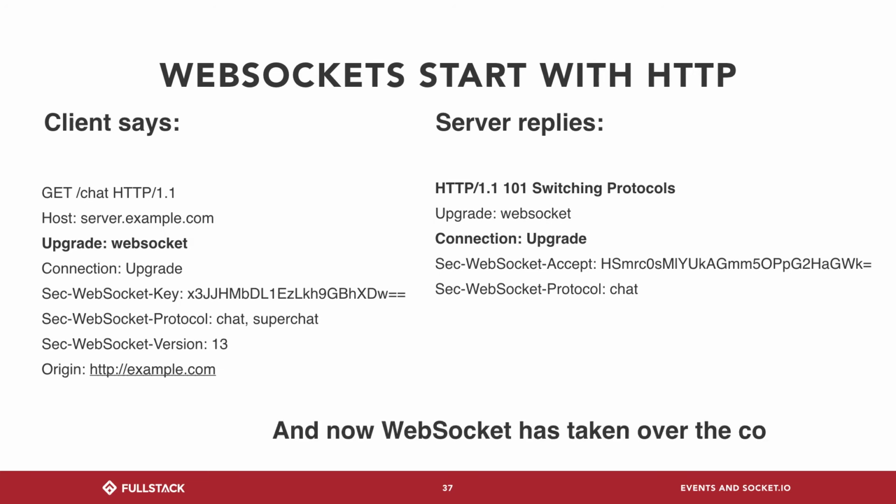Thereafter, that TCP connection belongs to the WebSocket protocol, which is a simple framing protocol that basically gives you, from client-side JavaScript, pretty direct access to just sending a stream of data to the server and getting a stream of data back.